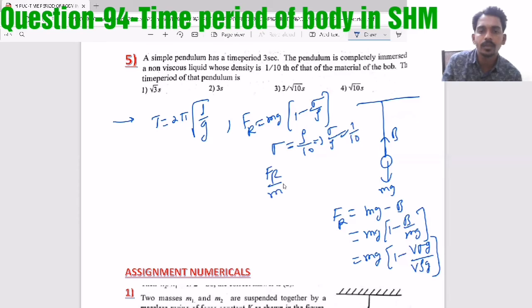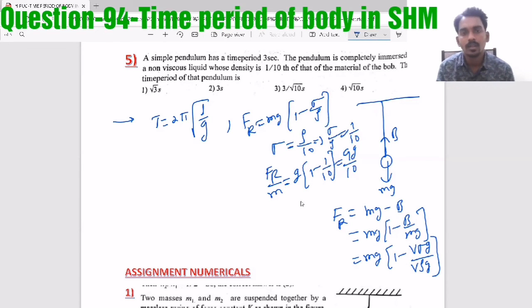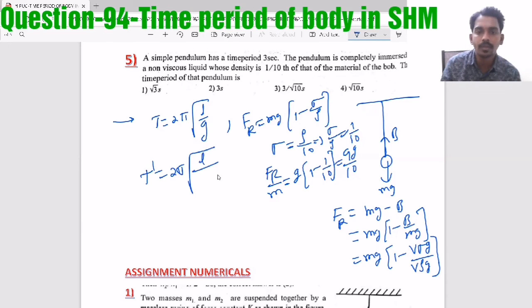Then resultant force by mass will become g into 1 minus 1 by 10. It will become 9g by 10. So the effective value will become 9g by 10. Now the new time period will become 2 pi root of L by effective acceleration. It became 9g by 10. So equal to 2 pi root of 10 L by 9g.